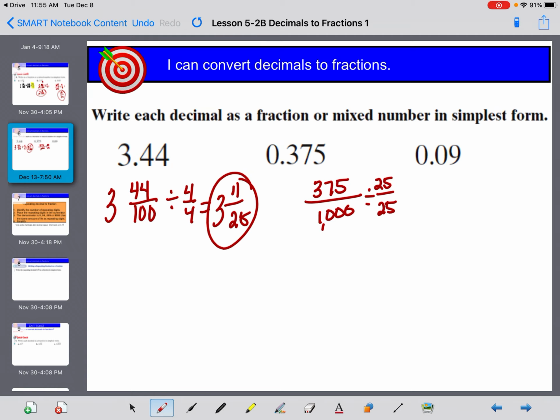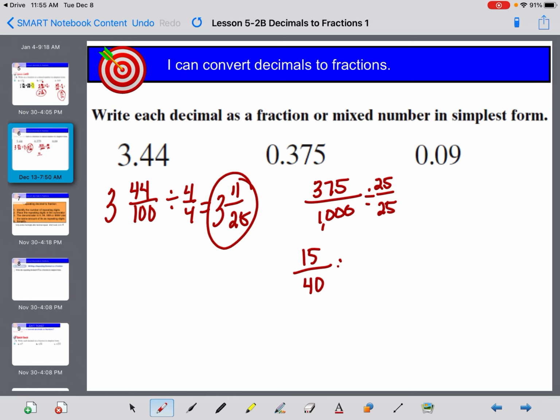All right, for 3 and 44/100, I put 44 over 100 and divided the numerator and the denominator by 4. For 375 thousandths, I made my fraction and now I'm ready to simplify. 375 divided by 25 is 15, and 1,000 divided by 25 gives me 40.